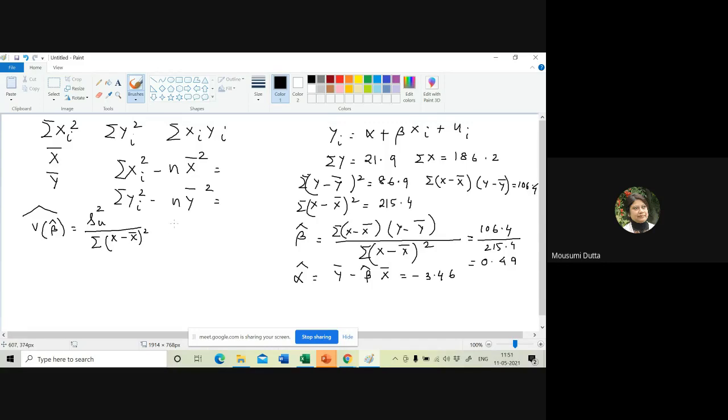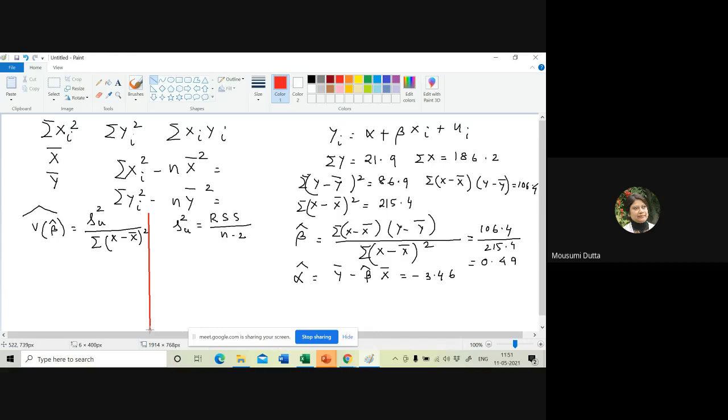First we need to calculate Su squared, then only will we be able to calculate the estimated variance of beta hat. Now what is the formula for RSS? TSS minus ESS.